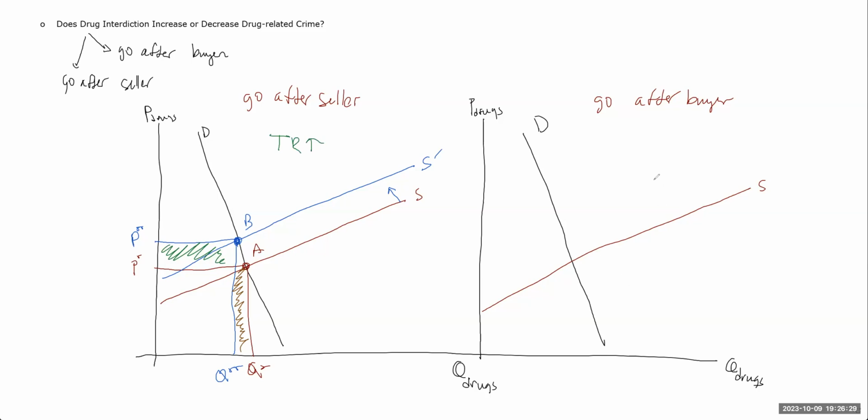Now let's go after the buyers. Let's hire Kim Kardashian and tell her to go to schools and say, don't do drugs. The demand curve falls. And instead of being in this initial equilibrium A, with P star and Q star, we're in a new equilibrium B, with P double star and Q double star.